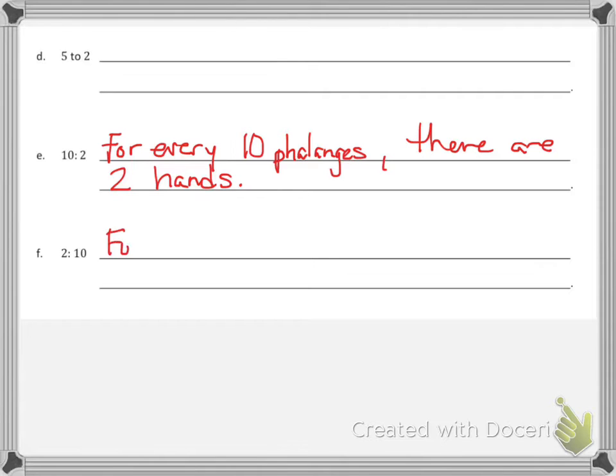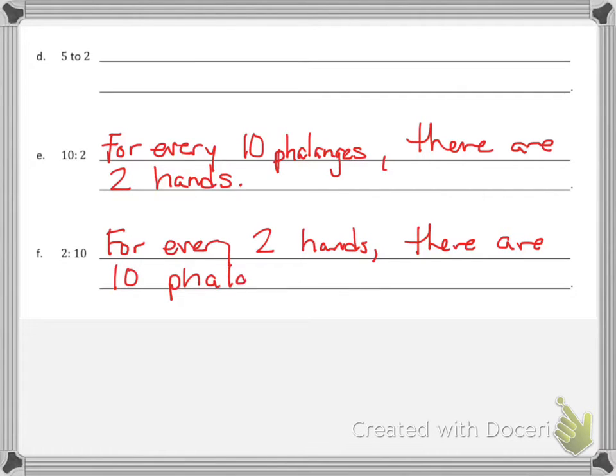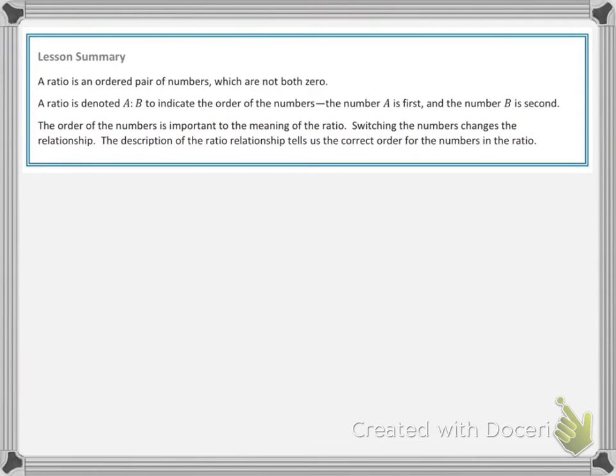Or for every 2 hands, there are 10 phalanges. Okay? All right, there we go. Those would be fingers and thumbs, all of those things. All right, so very good. That is good ratio language. For every, there are.